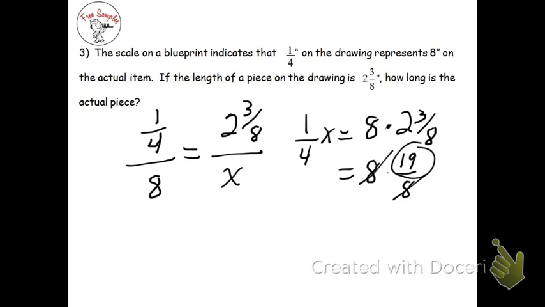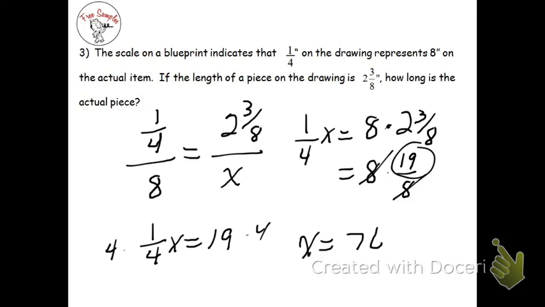So now I'm down to 1/4 x is equal to 19. To get rid of the 1/4, I need to multiply both sides by 4. So we end up with x is equal to 76, and we're talking inches here. So the measure on the actual item would be 76 inches.